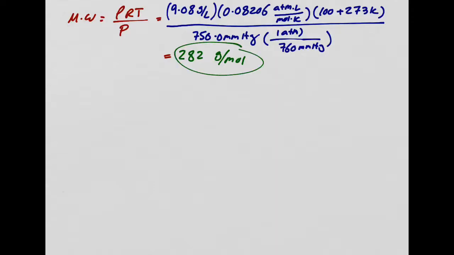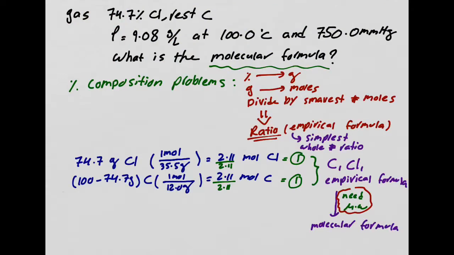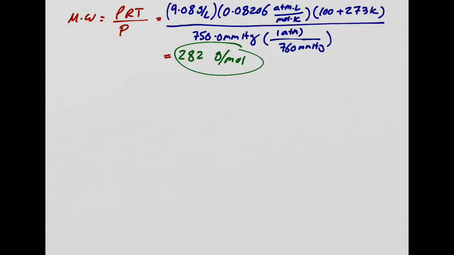Now let's see if you remember. So if you come over here, this was our empirical formula. Our empirical formula was C1Cl1. Okay. And we want to figure out what is our molecular formula. Now, we know our molecular formula has a molecular weight of 282 grams per mole.